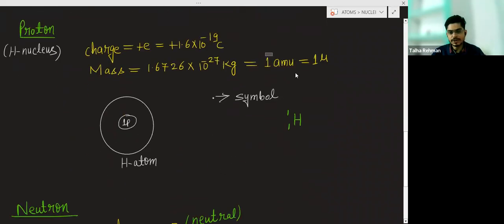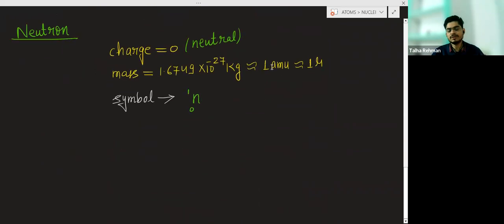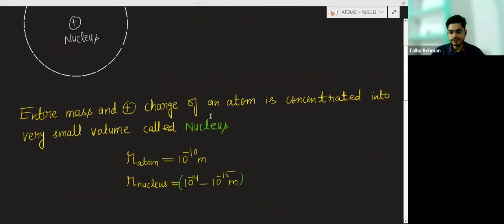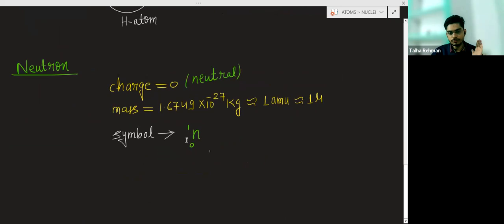So if this mass is 1 AMU, approximately this mass will also be 1 AMU. This is also represented by 1 u. The meaning of these symbols I will tell you later in the lecture.